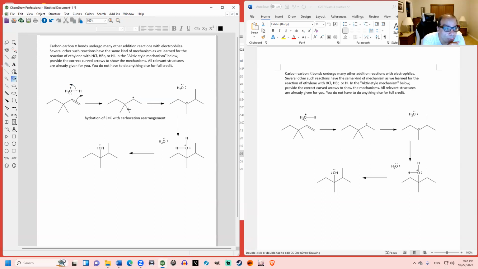It looks like a methyl group has moved over. This carbon has two methyl groups here and only one methyl group here. This carbon has no methyl groups here and one methyl group over here. So one of the methyl groups is moved over to go from a secondary carbocation to a tertiary carbocation, which is much more stable.